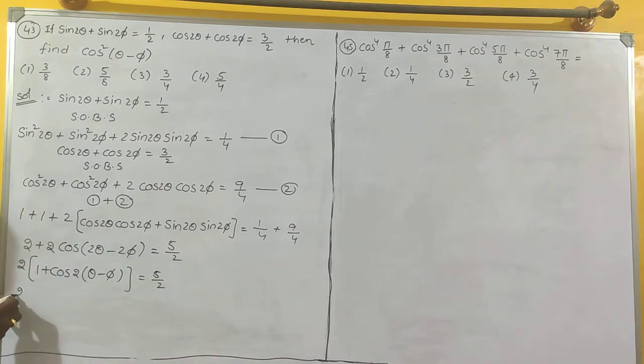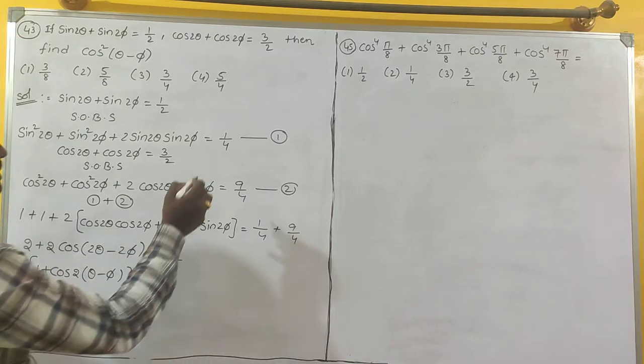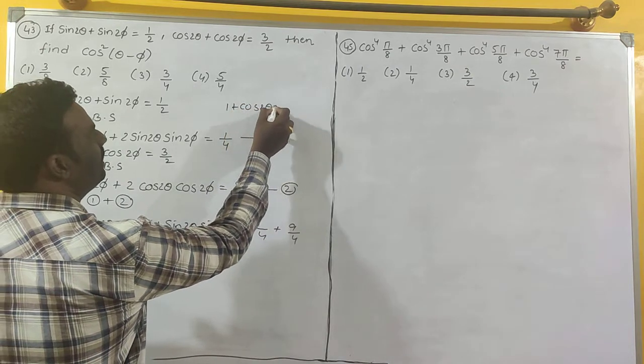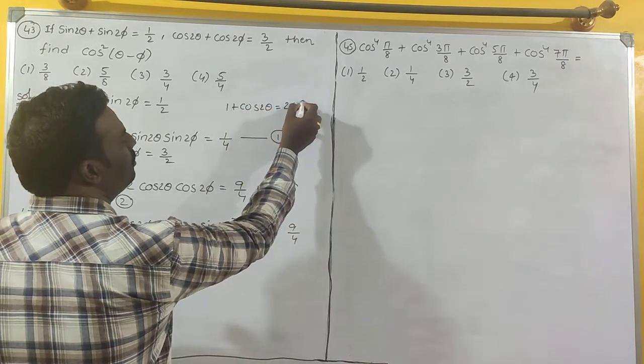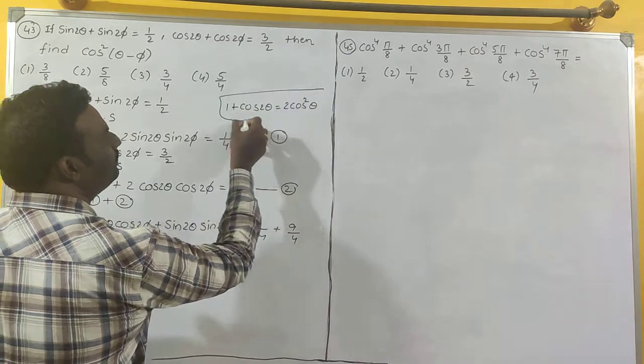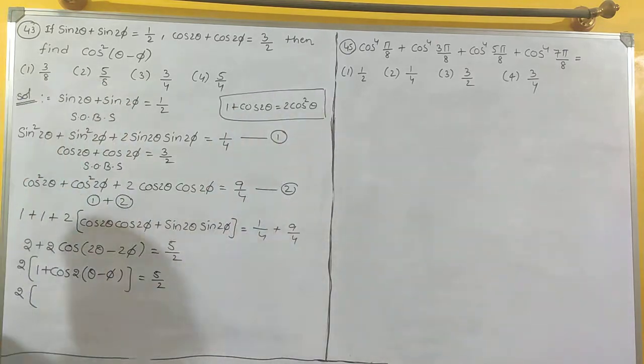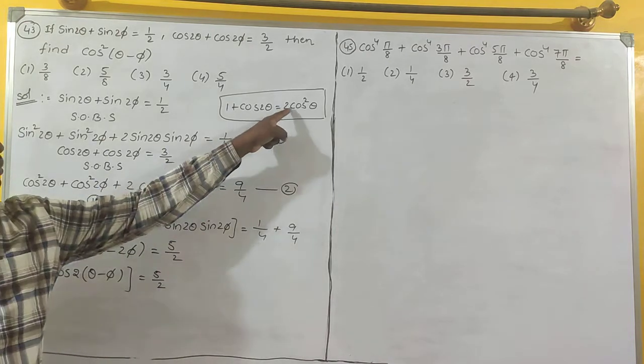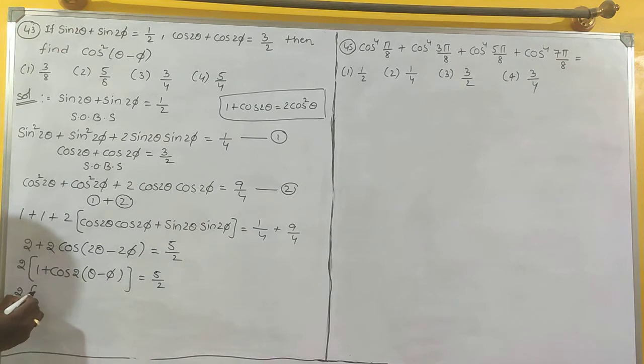Now 2 into 1 plus cos 2 theta. Here I am using one formula. 1 plus cos 2 theta is equal to 2 cos square theta. 2 cos square theta is nothing but how much?